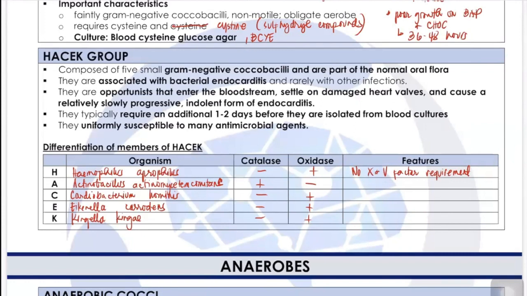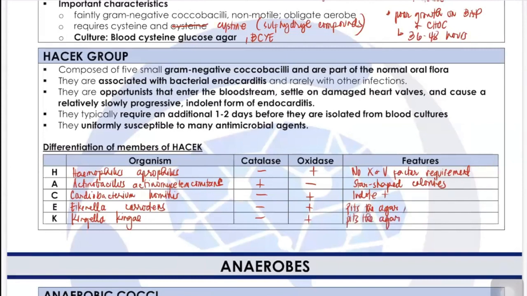Actinobacillus actinomycetemcomitans has characteristic star-shaped colonies. Cardiobacterium hominis is indole positive. And Eikenella corrodens and Kingella kingae both pit the agar.